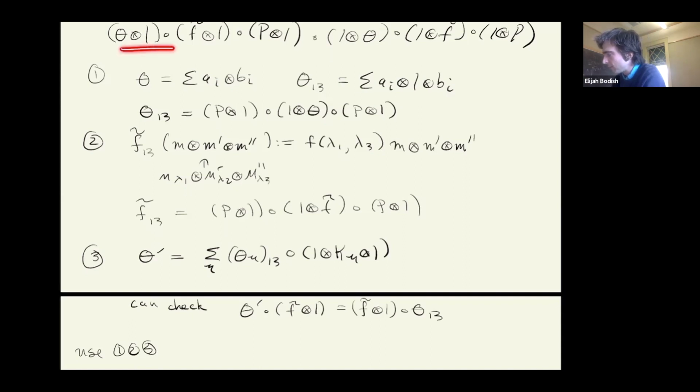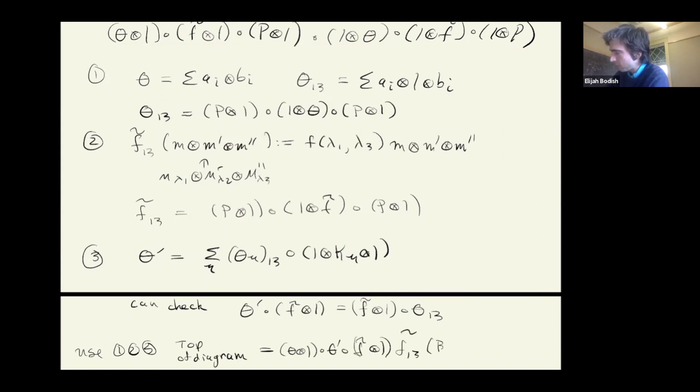to transform this equation to make the top of the diagram equal to theta tensor 1, theta prime, F tilde tensor 1, F_{1,3} tilde, P tensor 1, and 1 tensor P. So what I'm doing is I've got 3 things in here.